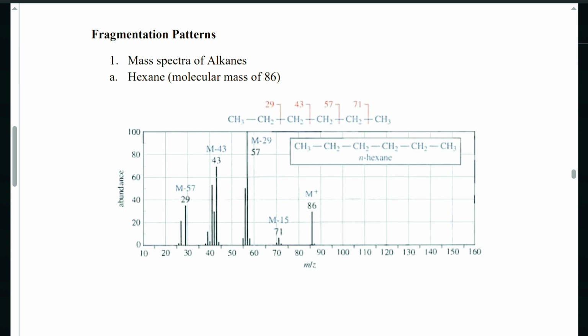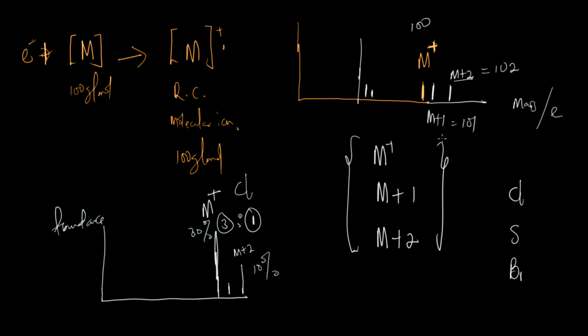So the next thing is the fragmentation pattern, right? So now let's look at this carefully. Fragmentation pattern. So the mass spectra of alkanes. So basically let's study it with hexane, right? So let's look at the mass spectra of hexane. So let's draw it here.